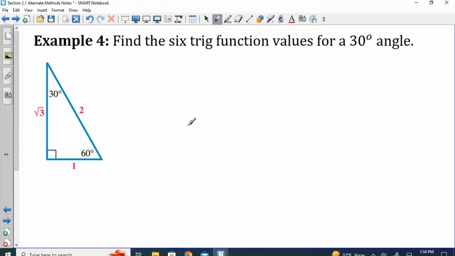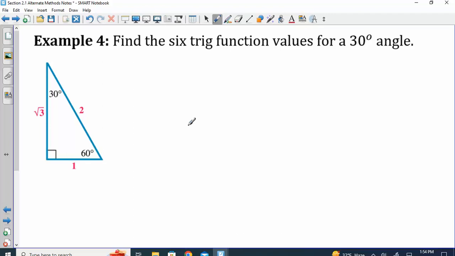But we know our trig functions only work in what kind of triangle? A right triangle. So then what I did is I took it and dropped a perpendicular. So then the bottom was half of 2, which is 1. The top angle became half of 60, which is 30. And I did Pythagorean theorem to get this height of radical 3. So I don't want you to think I just randomly put angles and numbers on there. That's where it came from.